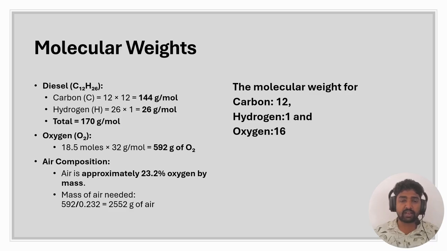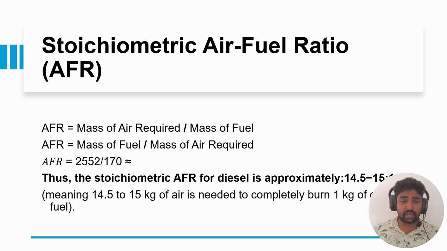In the air, 23.2 percent of oxygen is available by mass. So we are going to convert that into the mass of air required. So 2552 grams of air is required. Now we calculate the air-fuel ratio for that diesel.